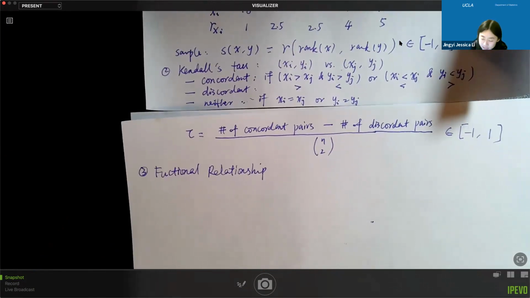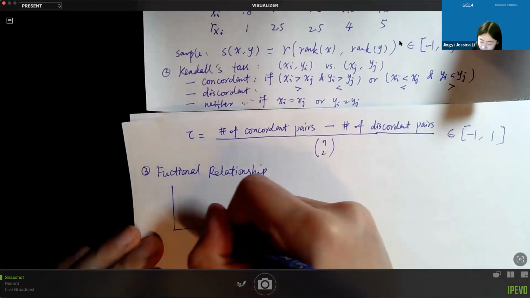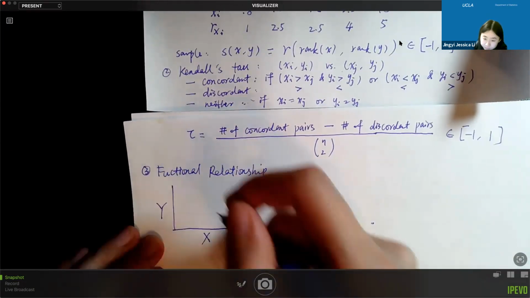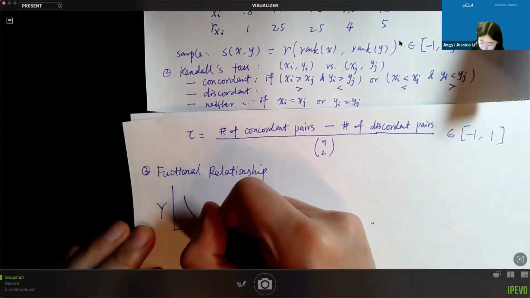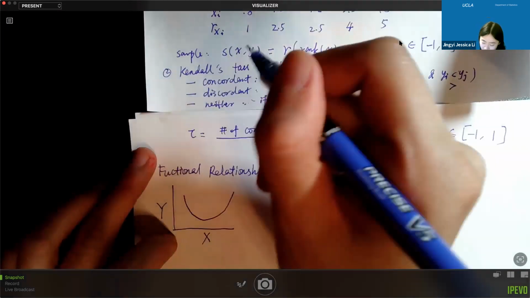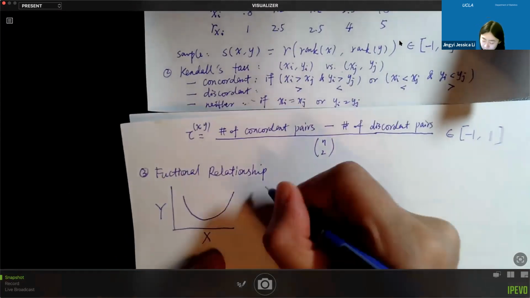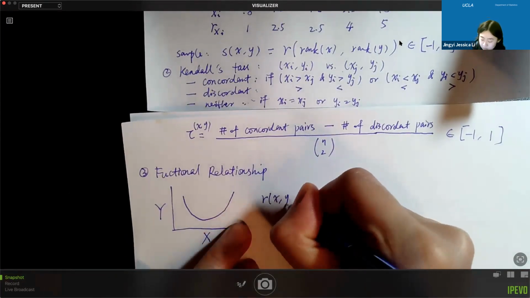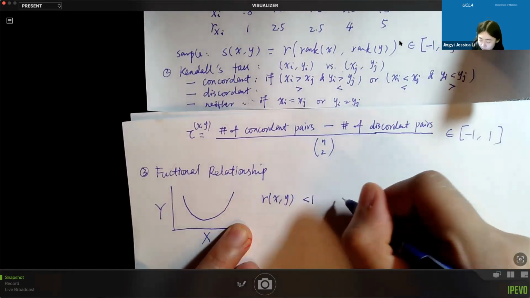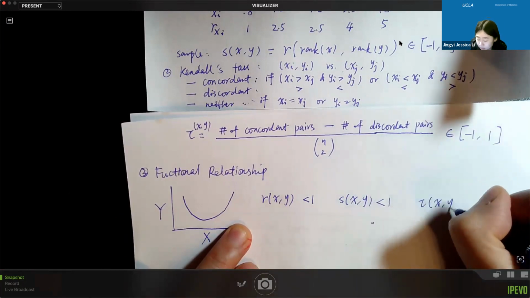In this case, even if the relationship is perfect mathematically, if you do the calculation, all three measures we talked about will be less than 1. The Pearson R of X, Y would be less than 1. The Spearman would be less than 1. And Kendall's tau would be less than 1.